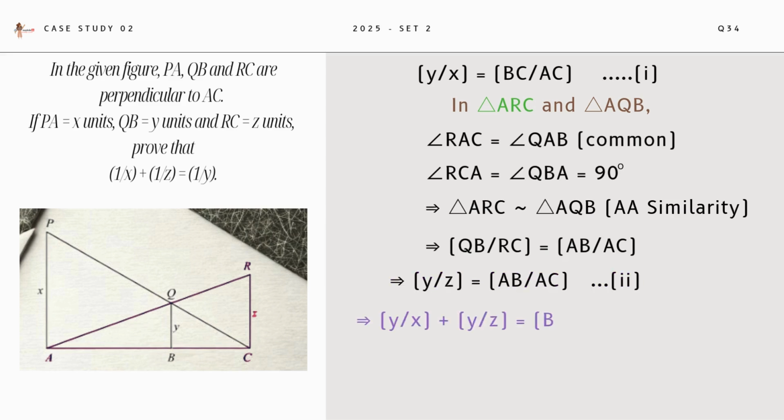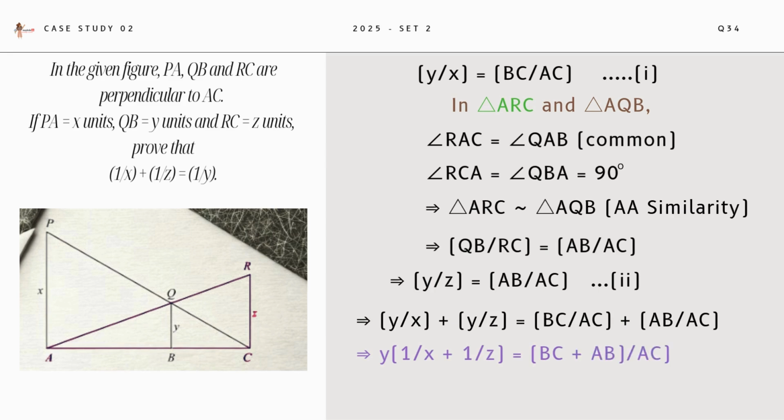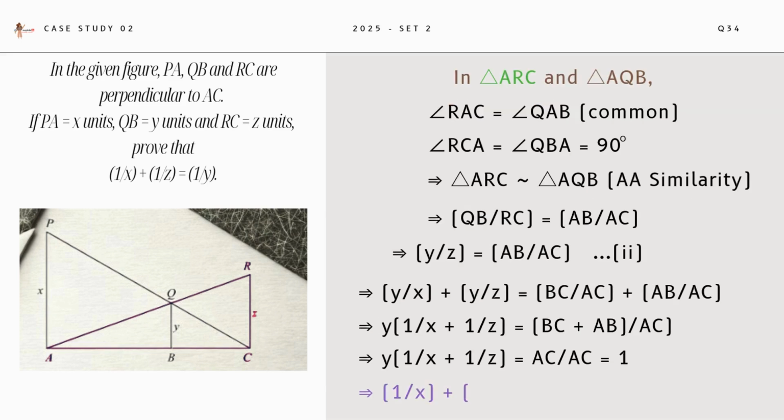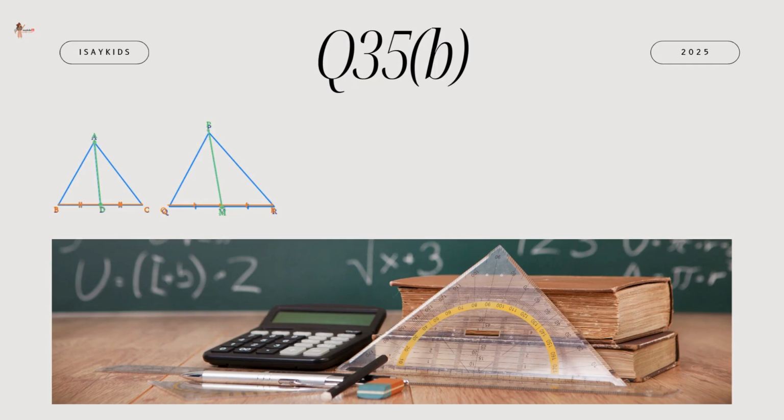Now adding equation 1 and 2, we get 1 upon x plus 1 by z is equal to 1 upon y as we needed to prove.